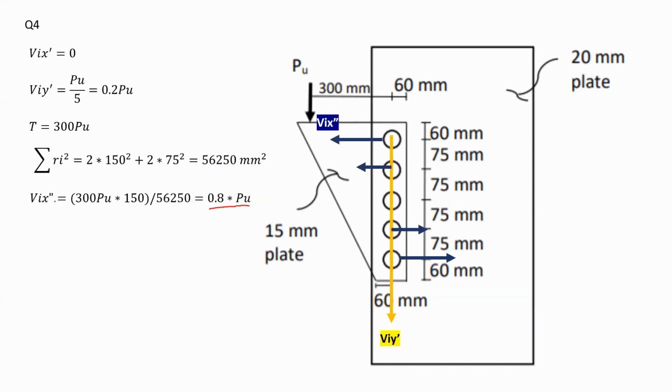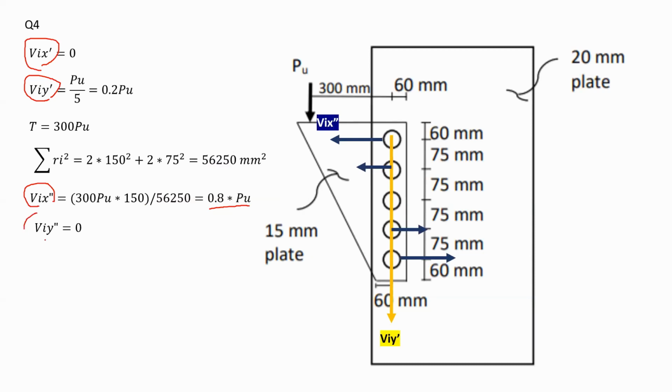So now I have V_ix'' found, I have V_iy', and I have V_ix' all found. What else am I missing? I am missing the V_iy''. That one is equal to 0 since there is no effect in the y direction from the torsional force. Therefore, V_iy'' is equal to 0.